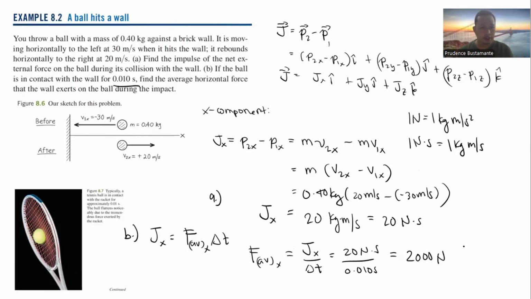So if you're going to be hit by a 0.40 kilogram ball, almost half a kilo, traveling at negative 30 meters per second, you're going to be hit by a 2000 newton force, provided that it bounces back at positive 20 meters per second.